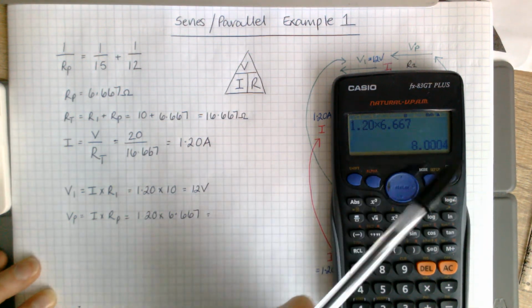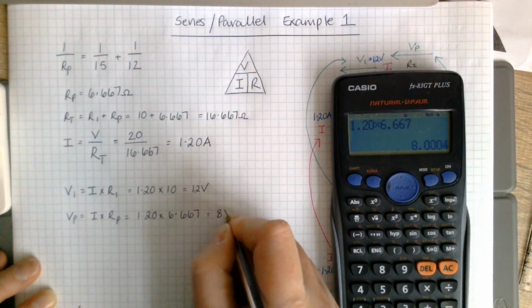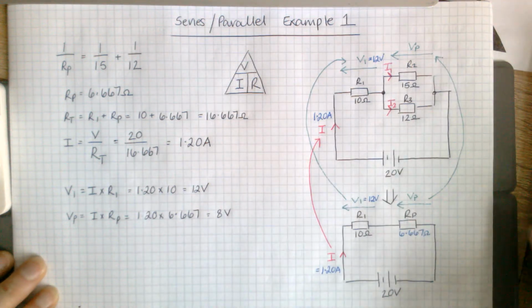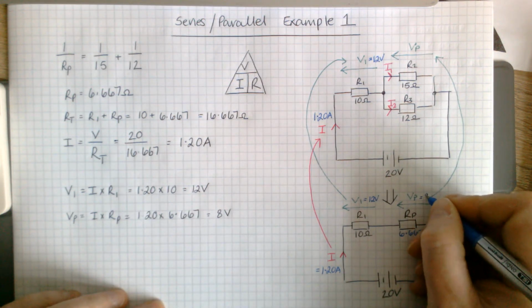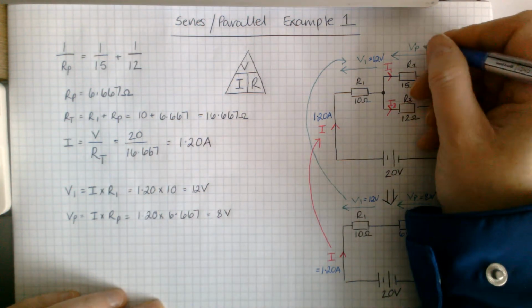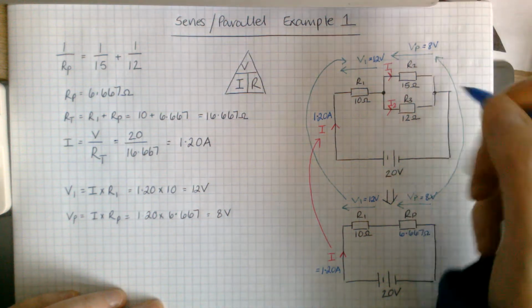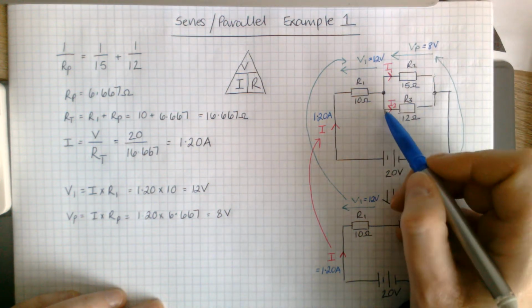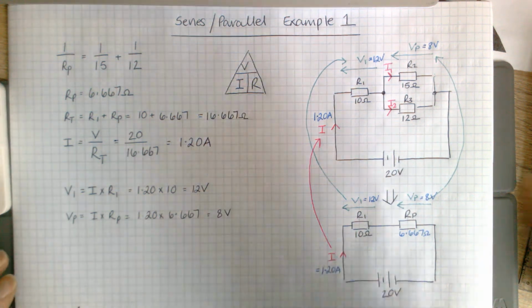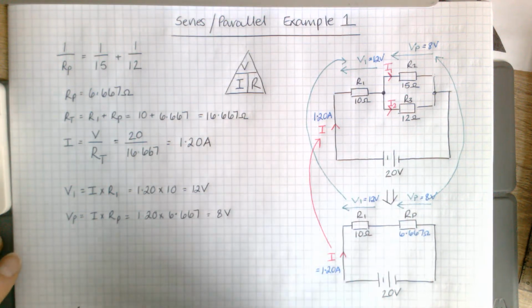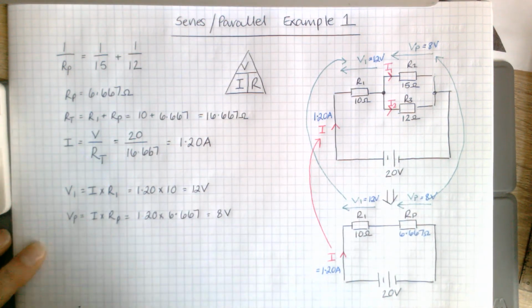So to 4 significant figures, that's 8 volts. Which works out fine, because if one's 12, that one has to be 8. That's 8 volts there, 8 volts there. So 8 volts across R2, 8 volts across R3. So this triangle works for the whole circuit or for one component. So I'm going to use this on one component now.